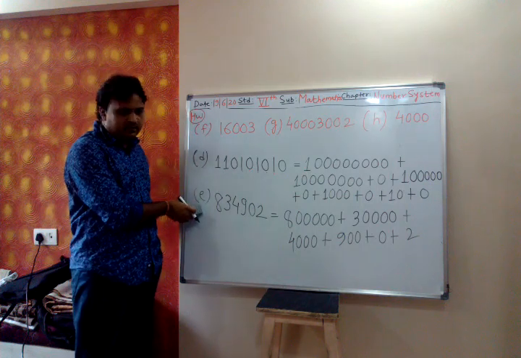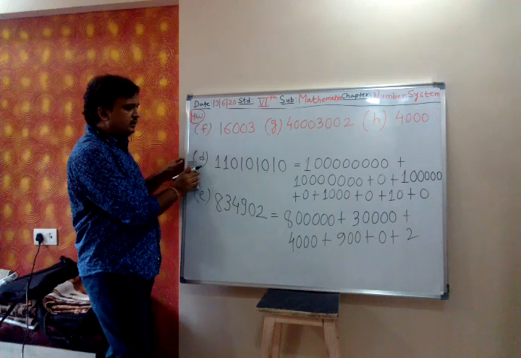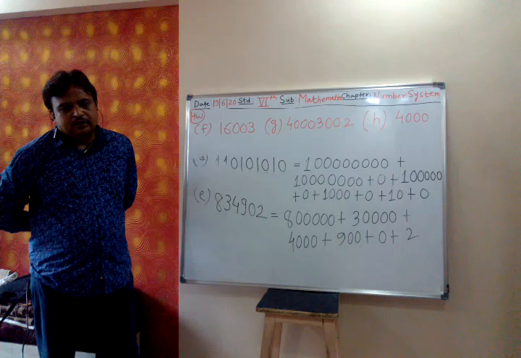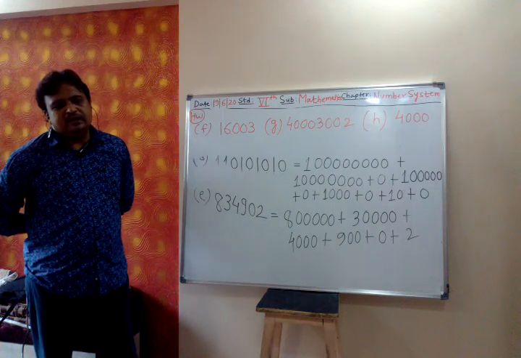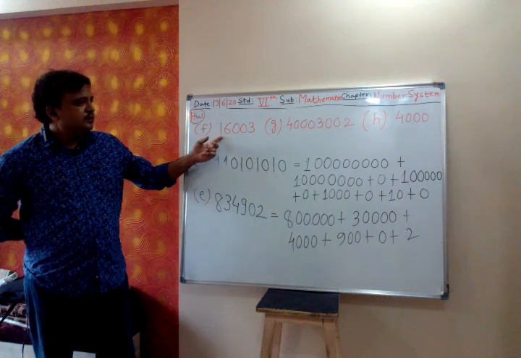Now D and E are over. Now, write fast. So we have done how to write the number in the expanded notation.